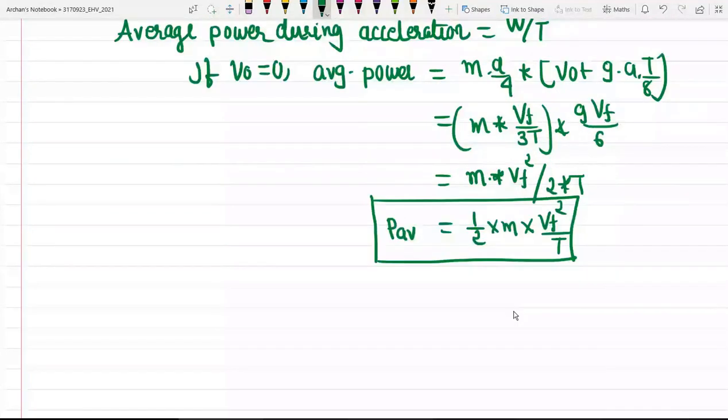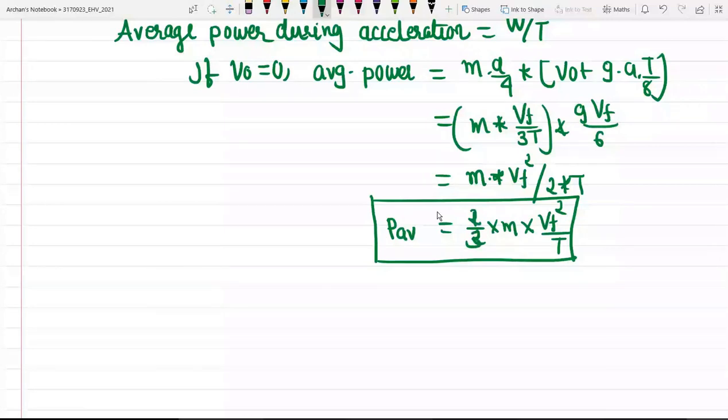And what is linear acceleration time? Okay, for linear acceleration, power required is M into Vf square by T. Okay, so that was the difference. Sorry, I have made a mistake here. It should be 2 by 3, I think.